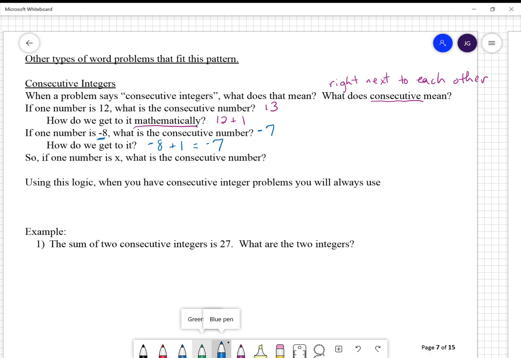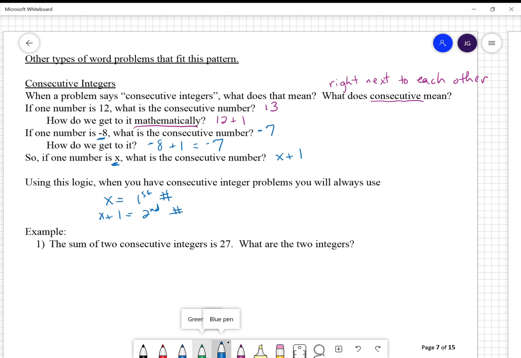So if I don't know my number, I have x. Consecutive is the next one. Okay, don't say y. It would be x plus 1. Whenever you have consecutive integer problems, you will always use x equals first number, x plus 1 equals second number.